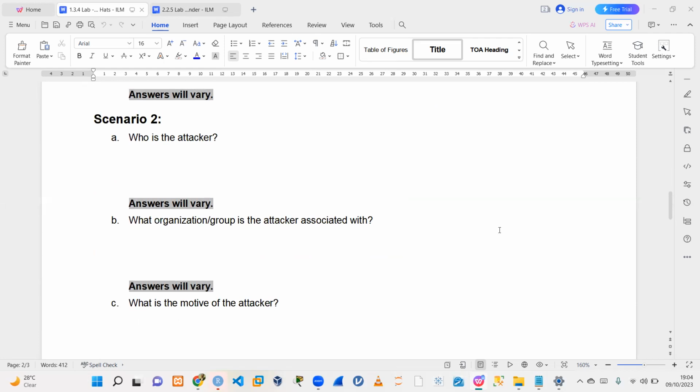Network attack. So what would be, for example, the attack surfaces of a network? An attack surface could be a system, network, application, or an organization.